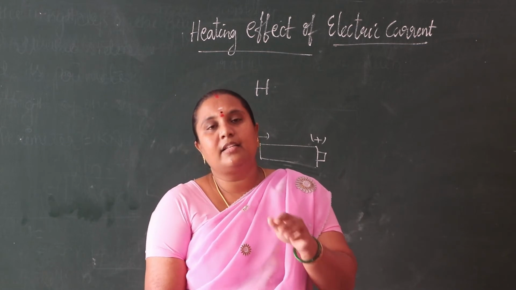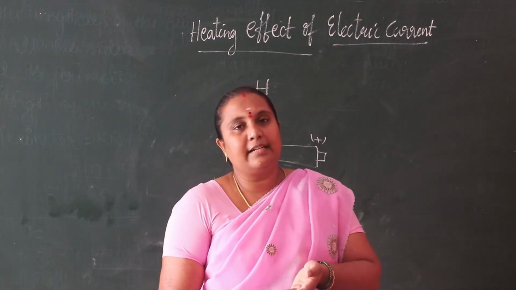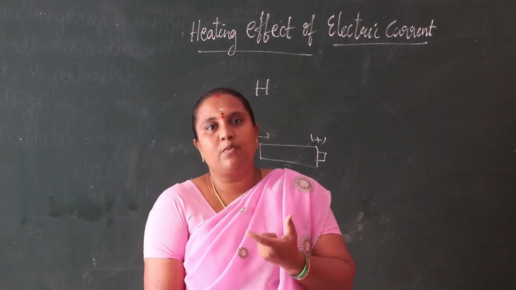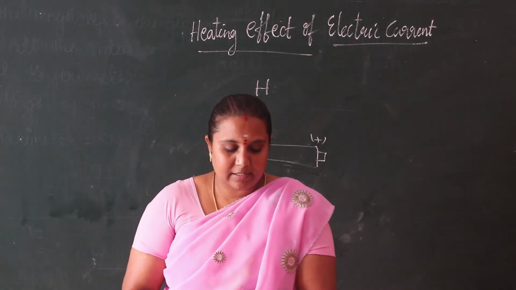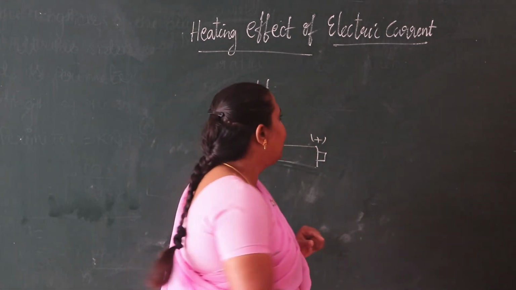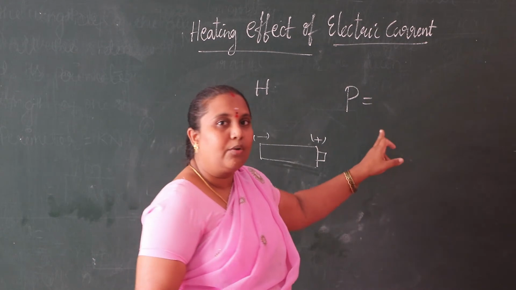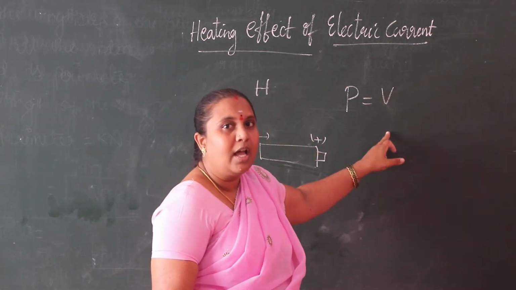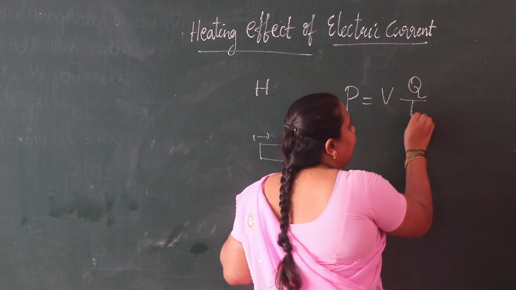In that conductor, the electric charge flows from one point to another point, which we call electric current. So what is electric power? Electric power is denoted as P. Electric power equals the potential difference in an electric circuit times the electric charge by time taken.